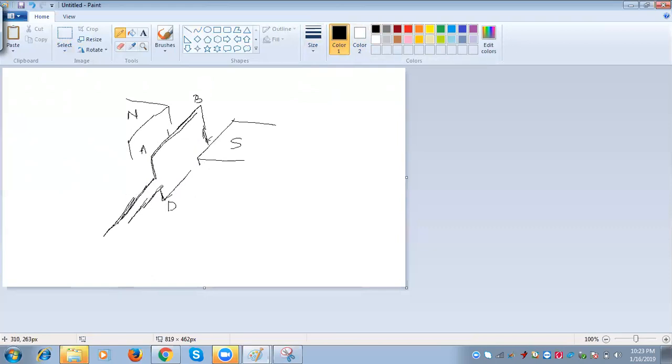They will remain connected. Like in a DC motor, what happens? The connections to the rings, the split commutator, the connection changes. The carbon brush X was connected to the blue ring, and brush Y was connected to the red ring. So they will remain connected to those respective rings.